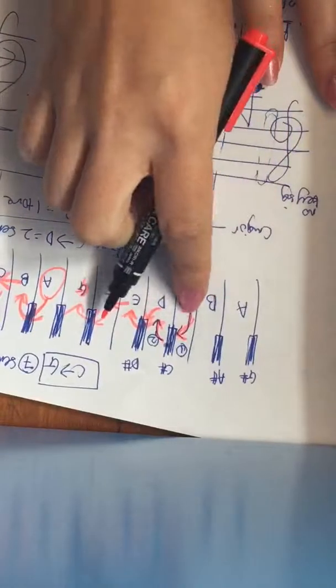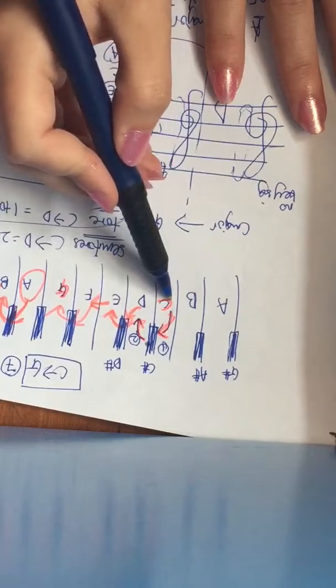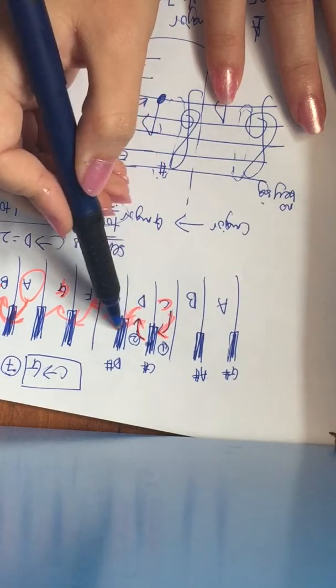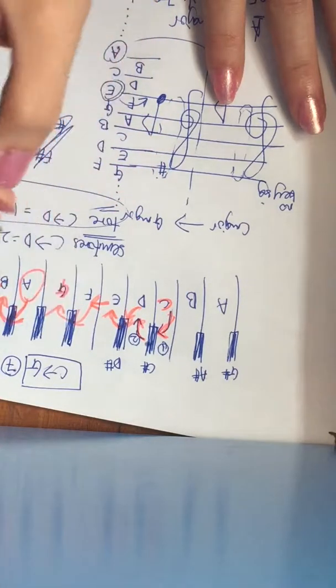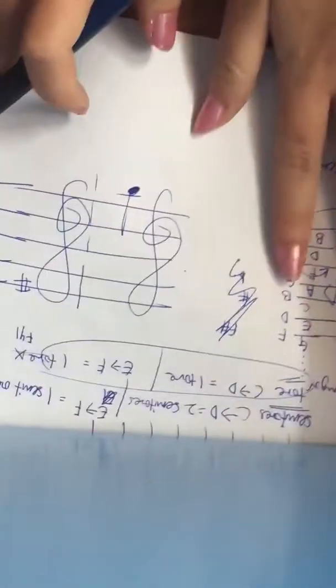You can start from here, you don't need to draw. So 1, 2, 3, 4, 5, 6, 7, F sharp. So your note is an F sharp.